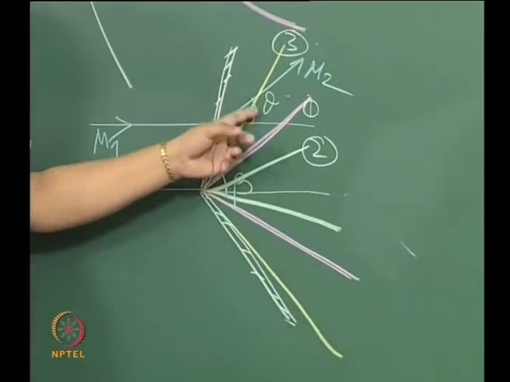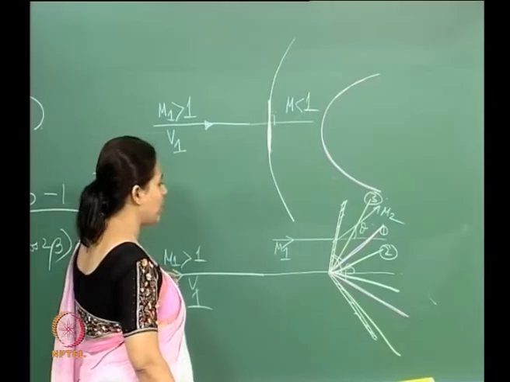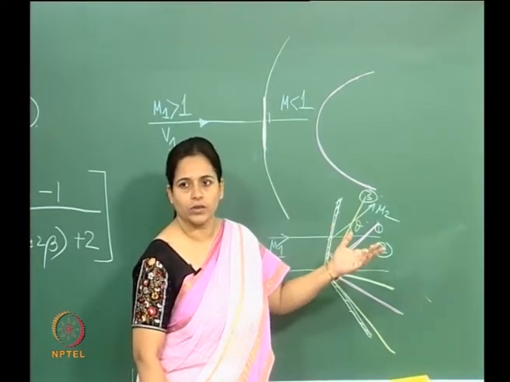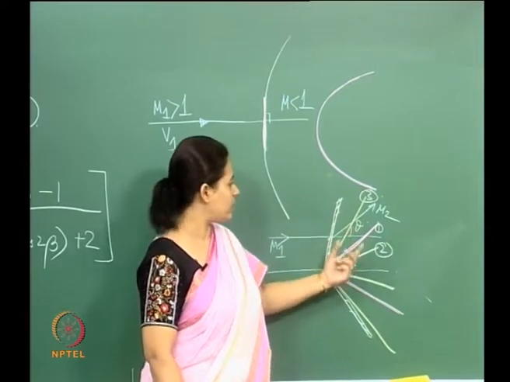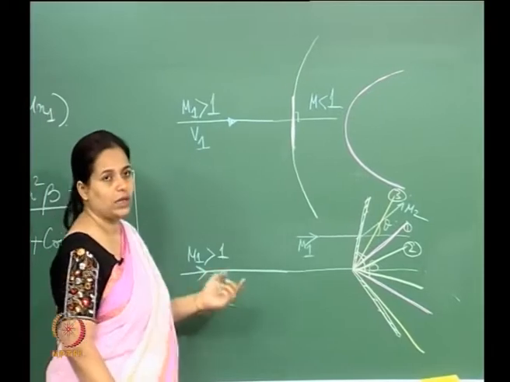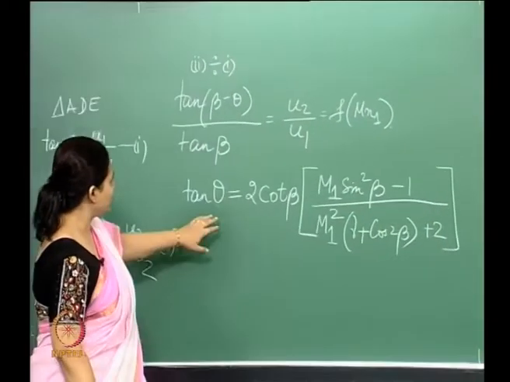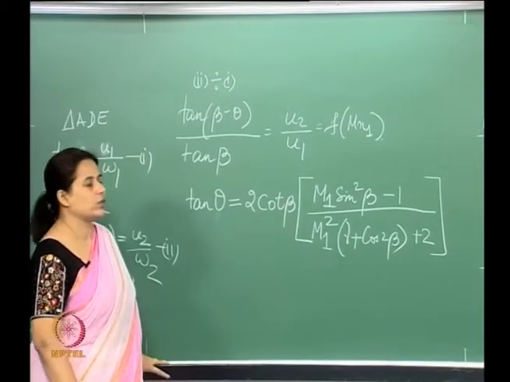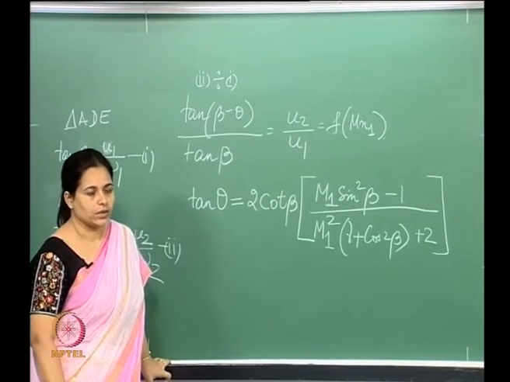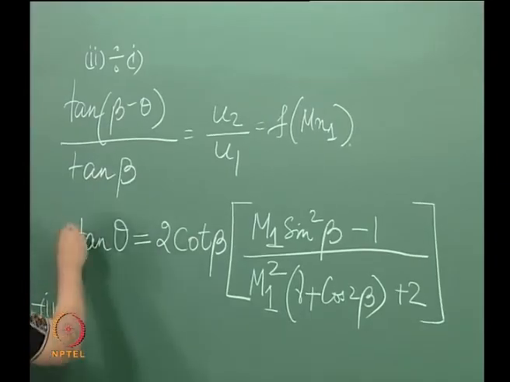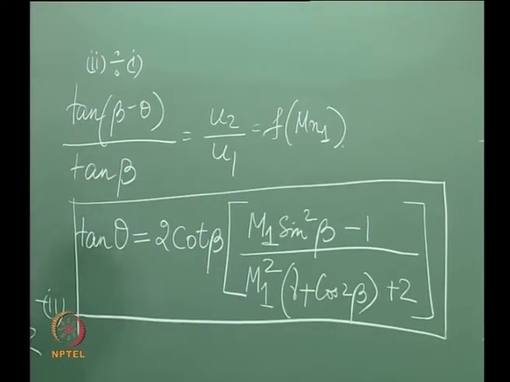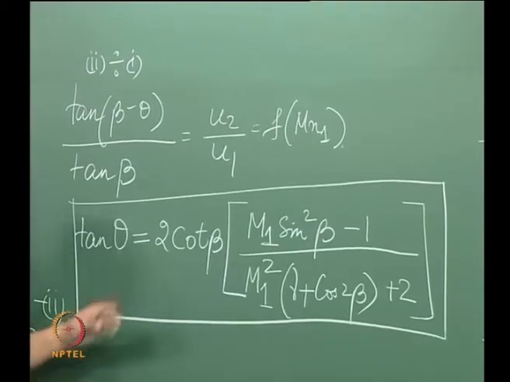Having said that, for a given theta and a given M1, beta is going to be a particular value or more than one value? Could it be more than one value for a given case of theta and M1? Let's see. If you look at these equations, we will actually have two values of beta. So this expression gives us a connection between the geometry of the shock and the impinging Mach number.